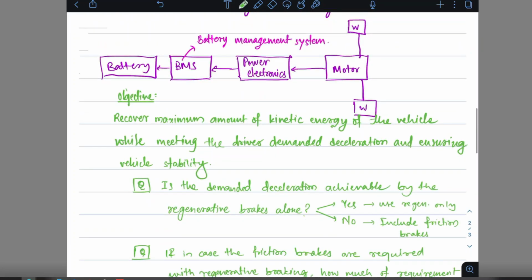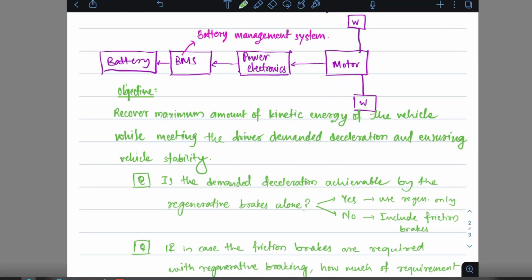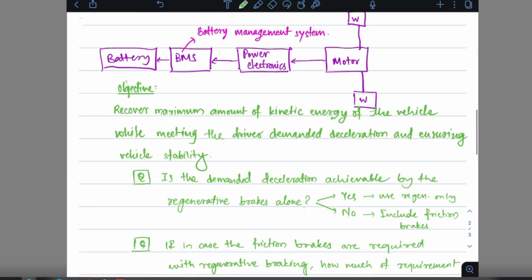So your motor will be limited by how much power it can take.